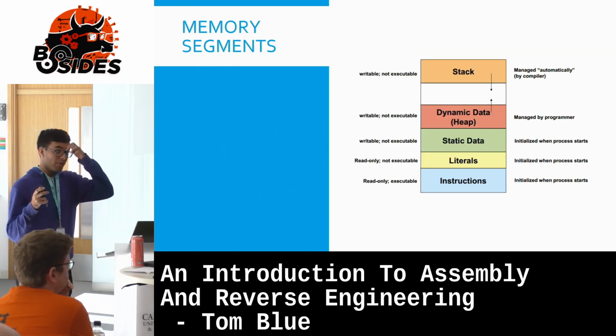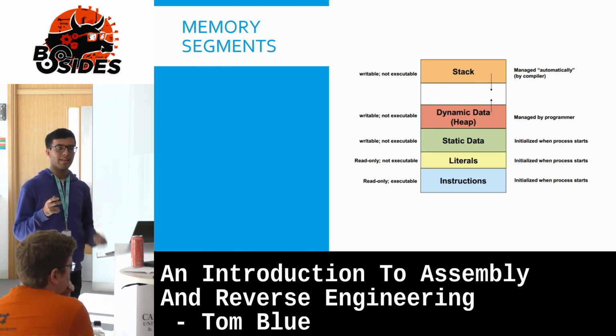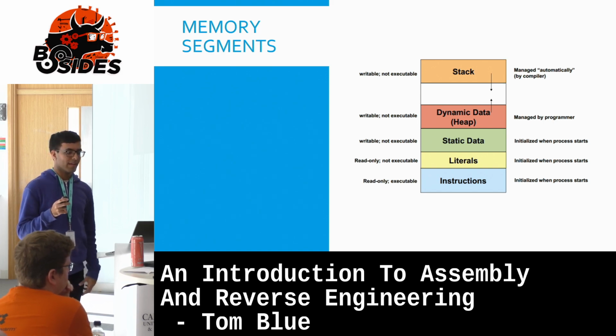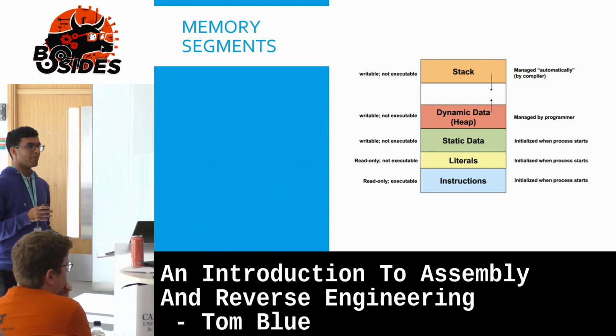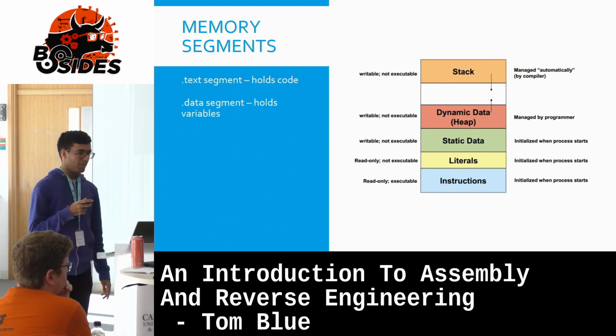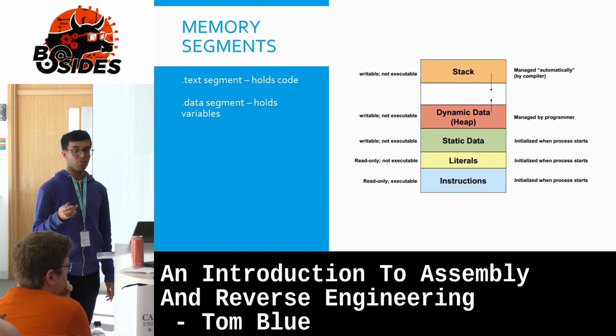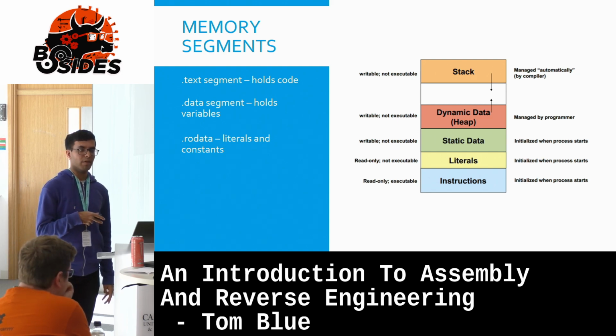So in memory, you have different segments which contain different parts of the code. Most memory segments aren't executable apart from the text segment, which holds the instructions that are being executed. The .data segment holds variables. Read-only data holds literals and constants that don't change within the program.